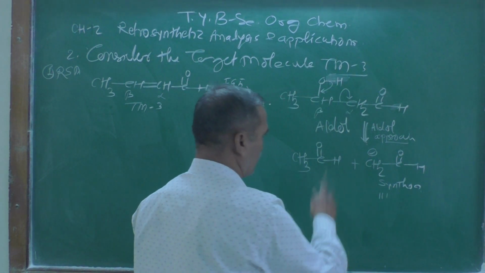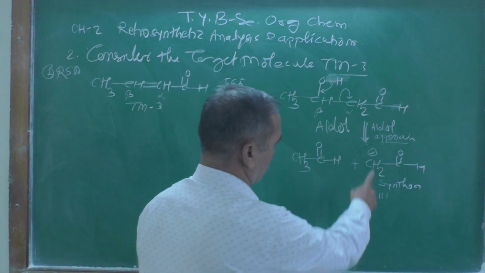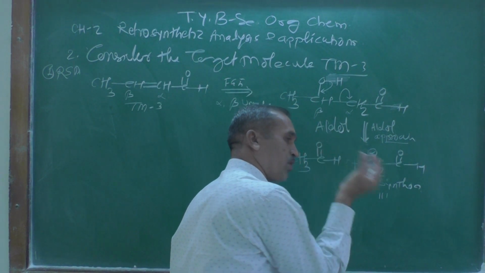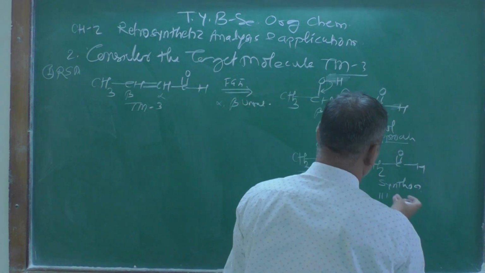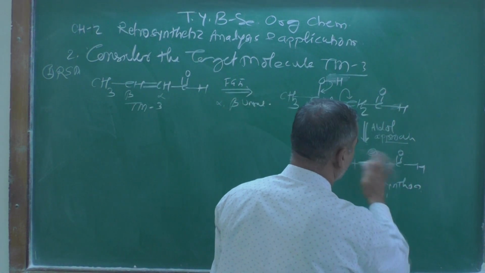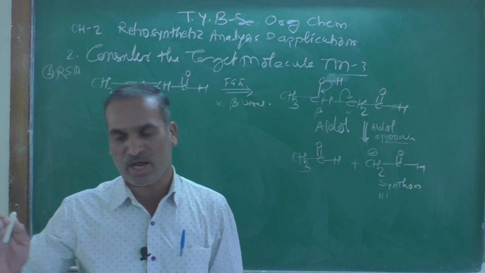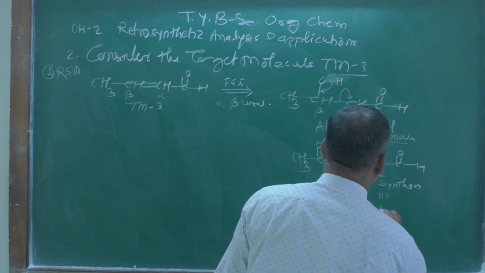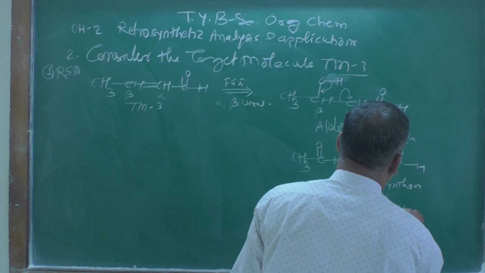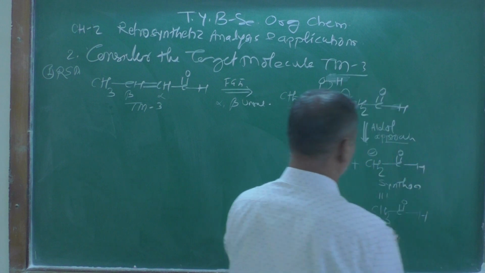And now what atom or group are you going to attach here? Generally we can bring a hydrogen atom, and we know a hydrogen atom as a proton means positively charged, so here you get CH3-CH=O, acetaldehyde.